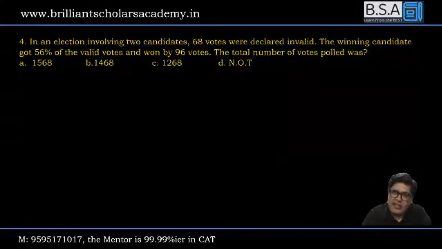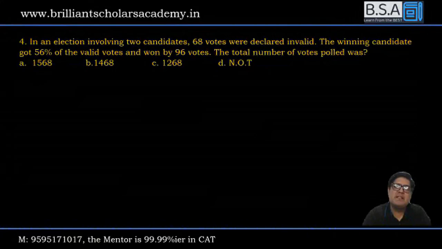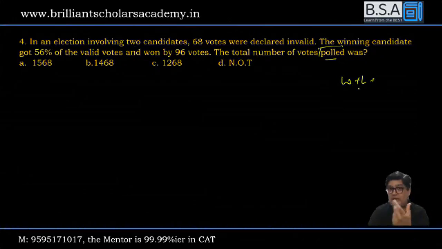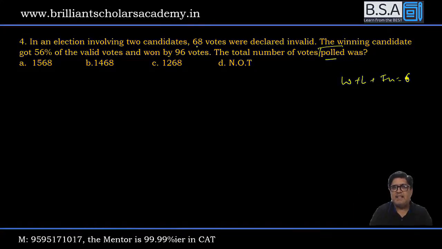The winning candidate got 56% of valid votes and won by 96 votes. The total votes polled was. Again, what is polled? Polled is winning plus losing, winner ka vote, loser ka vote, and the invalid vote. Polling means people who came to vote. 68 were invalid.